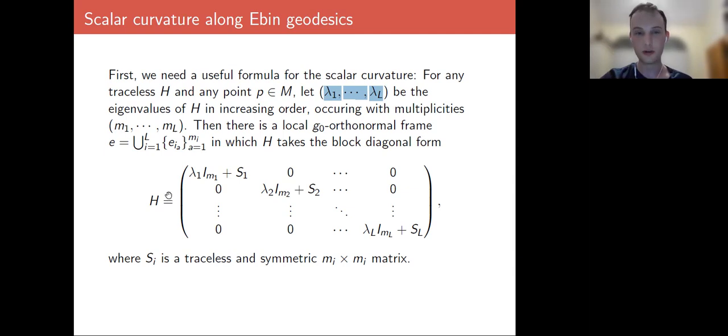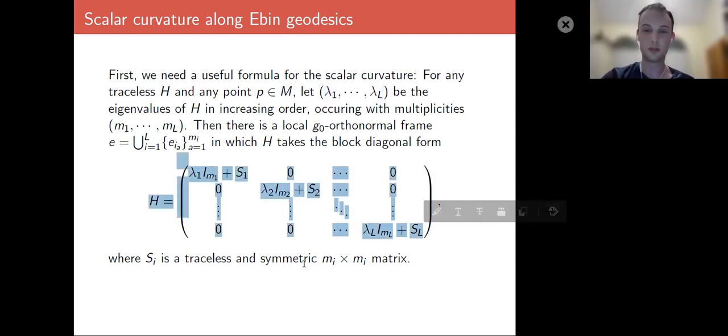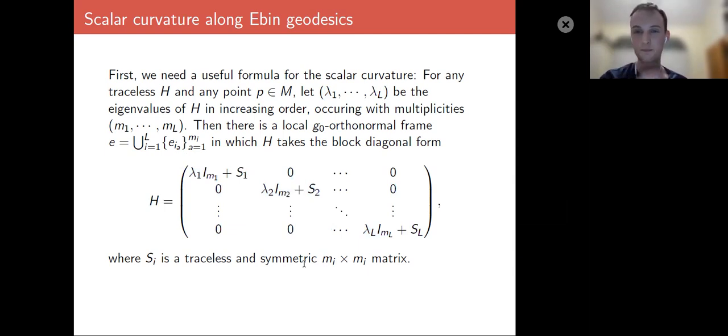But what you can do, and this is the best you can do, is ask for a block diagonal form for this locally. What I should have said before is that you can assume that the traces of all of these blocks are in ascending order, at least locally. So that's what we're going to do.